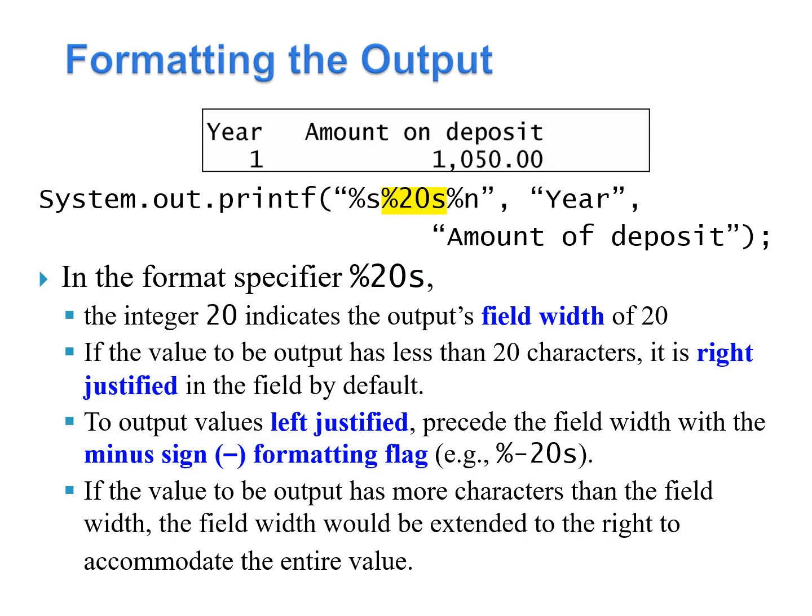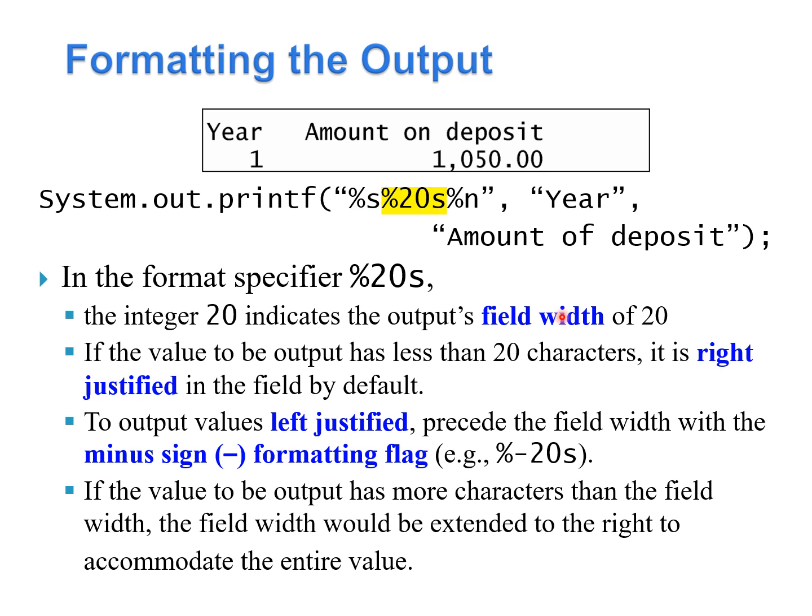In order to display the output nicely in the column format as in our interest.java program, we need to use a format specifier with more options. In particular, to display the header amount on deposit, the interest.java program uses the format specifier %20s. The letter s in this specifier indicates the string type, and the number 20 indicates the output field width of 20, which is the number of characters reserved to display the output.